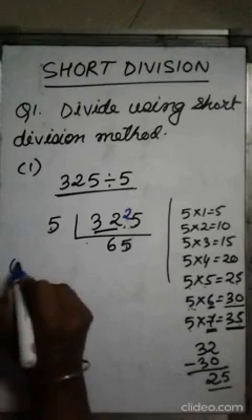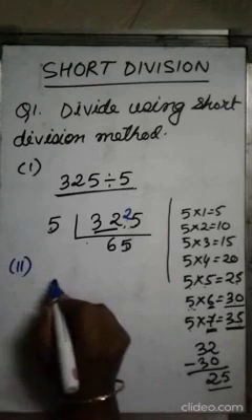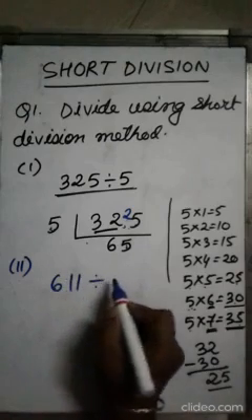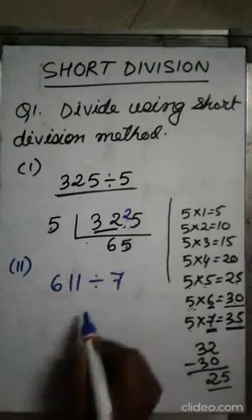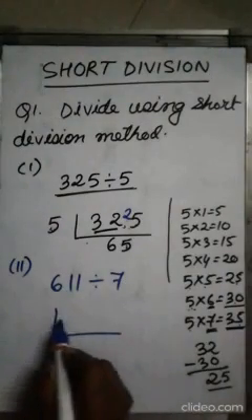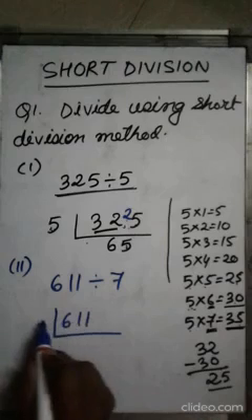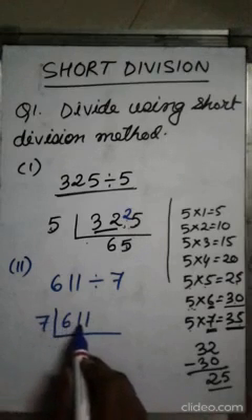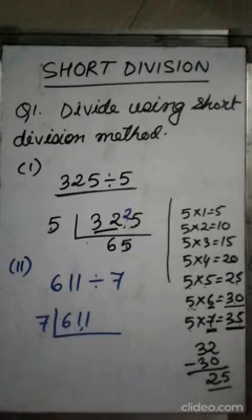If we see another example, suppose 611 by 7. 6 is not divisible by 7, so we go for the next digit.